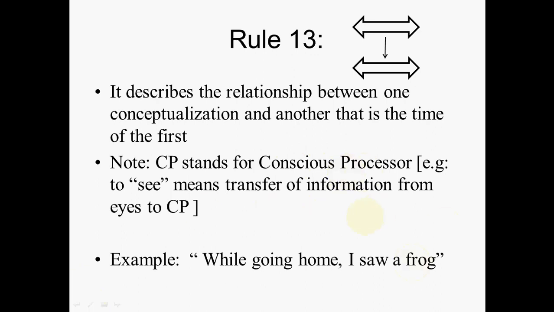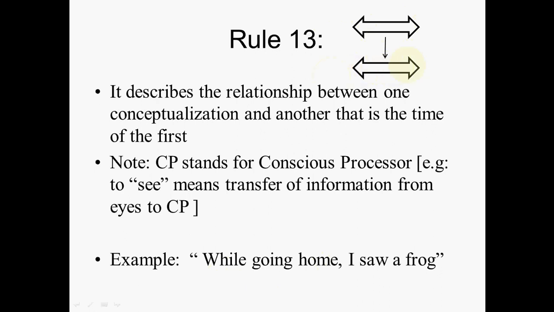Okay, now consider this sentence: while going home I saw a frog. There are two things happening. The first conceptualization is that I was going home, and while I was going home, what happened?